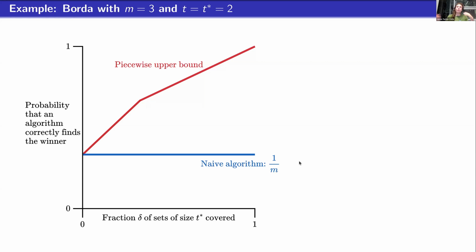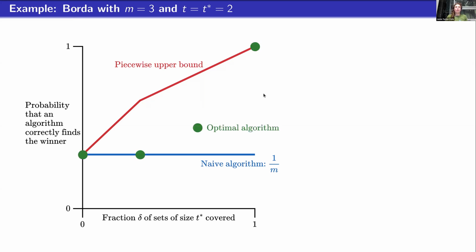There are only 3 possible queries this algorithm can make: A and B, B and C, and C and A. Given on the x-axis whether it makes 0, a third, 2/3, or 1 of those queries, this is the upper bound from that previous theorem about the probability it will find the correct winner. And the naive lower bound we get is just 1 over m. It's always allowed to just guess, 1/3. So there's a gap between these, obviously.